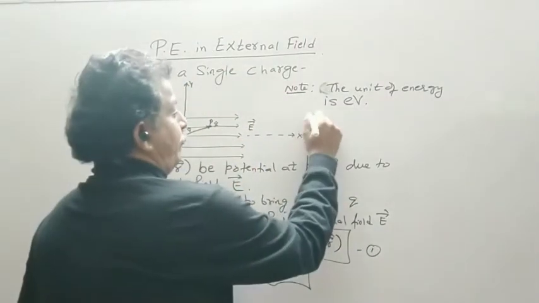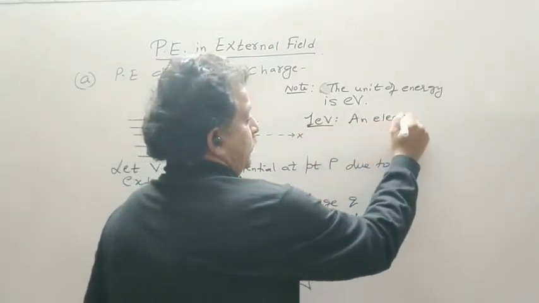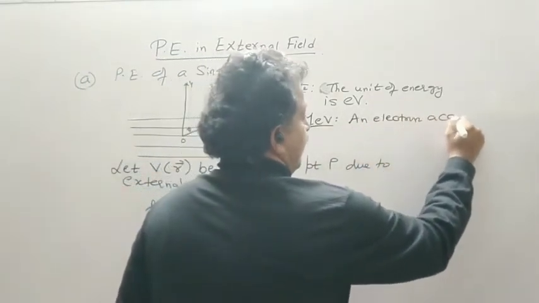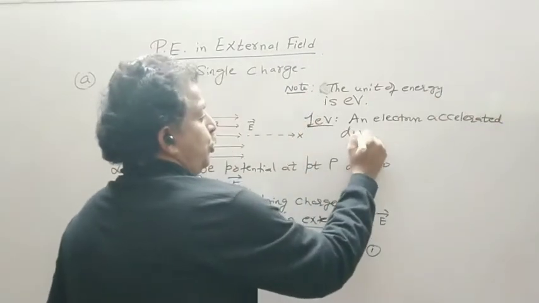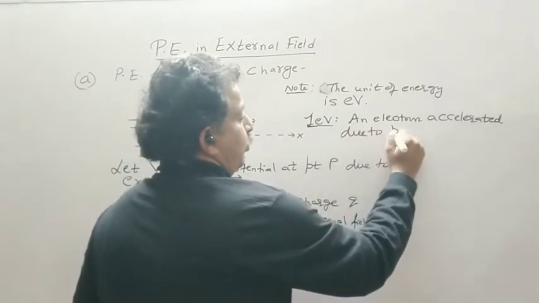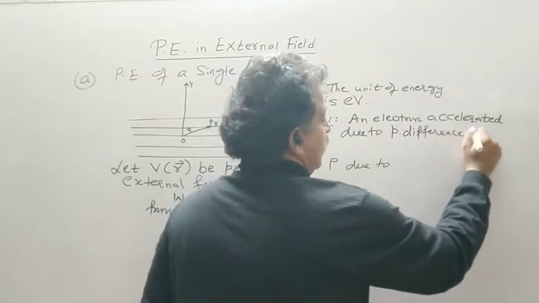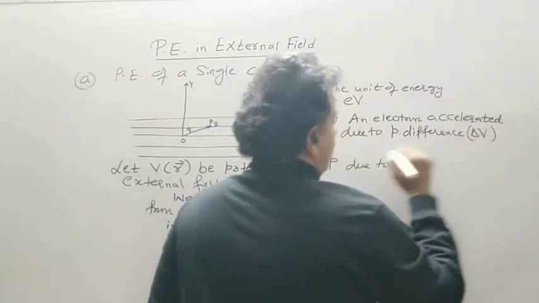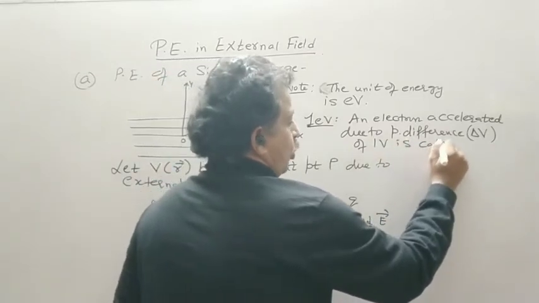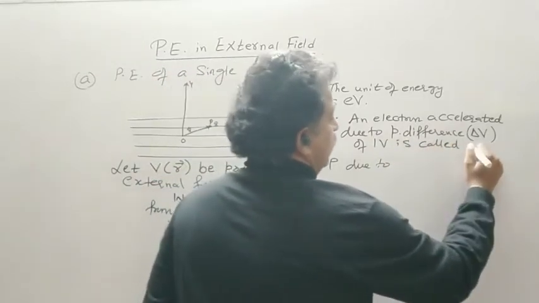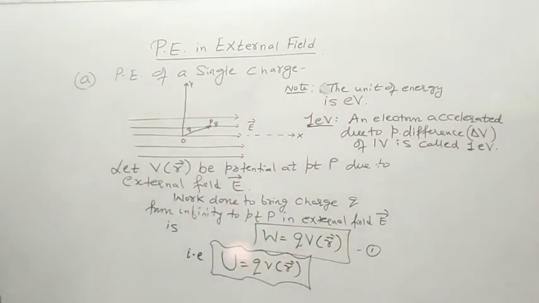So the definition of 1 eV: an electron accelerated due to a potential difference delta V of 1 volt is called 1 eV, that is 1 electron volt.